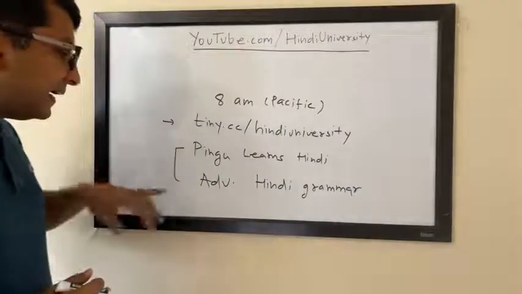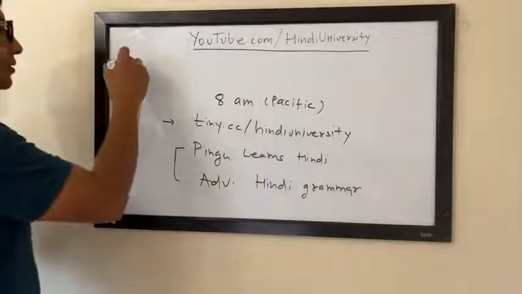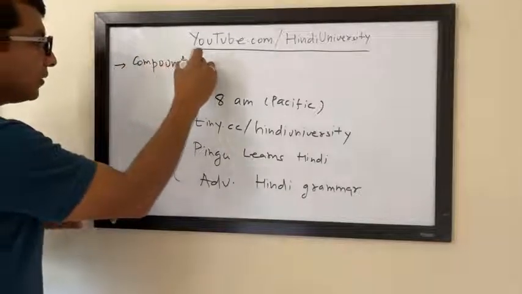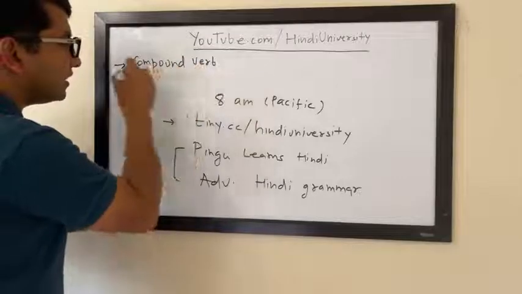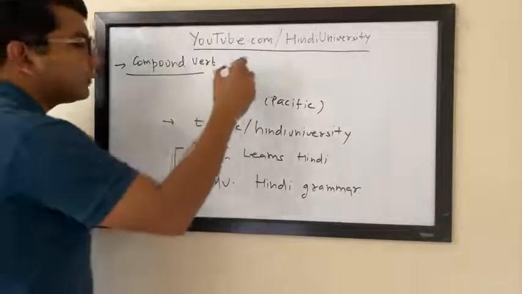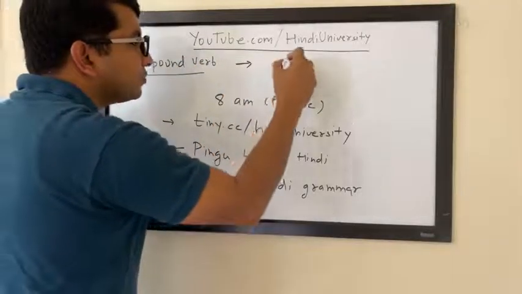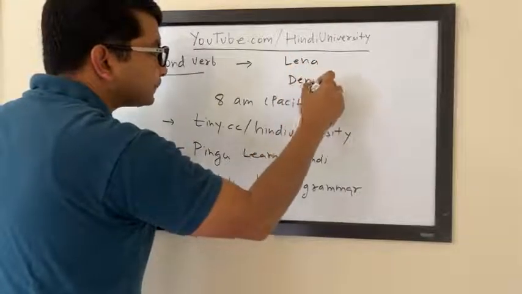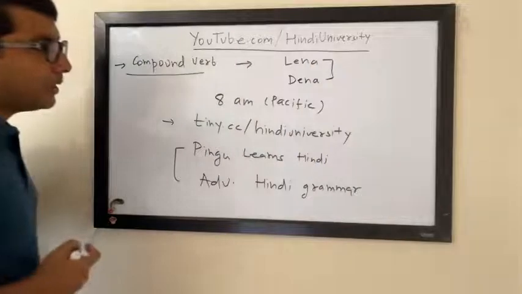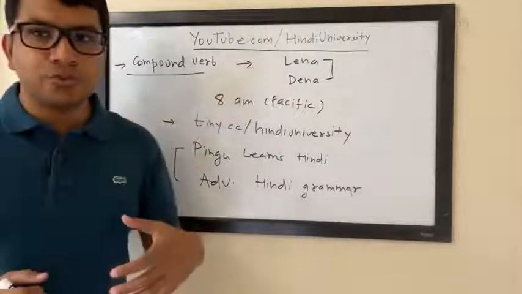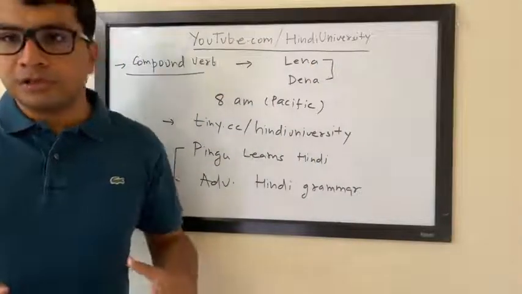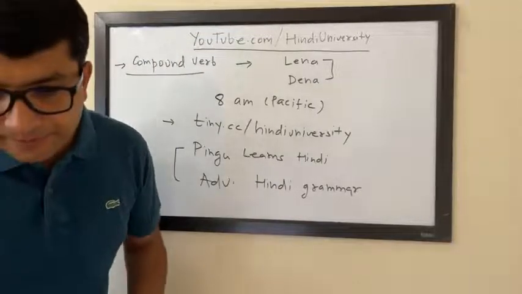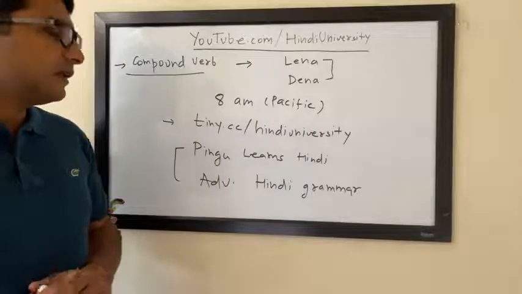Okay. Lately we started a topic called compound verbs. So if you guys recall, we covered compound verbs for two auxiliary verbs, lena and dena, which is how when these two verbs are used along with other verbs, how do they modify the meaning of the given underlying verb.